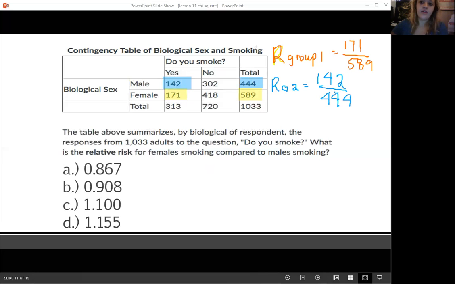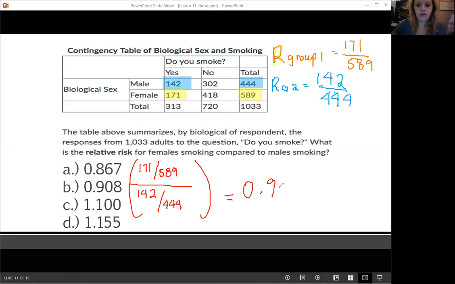If we do all of this together, we get 171 divided by 589, and then divided by 142 divided by 444. After we solve this out, we get about 0.908, which is our answer for B.